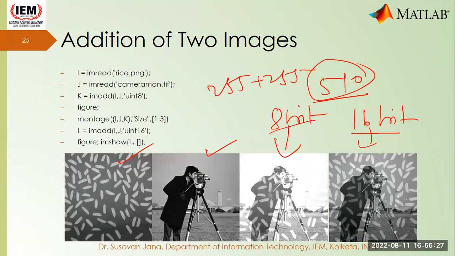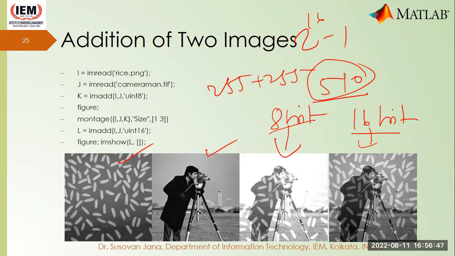No, it will not be different. It will be scaled accordingly. 510 will be assigned to 2 to the power 16 minus 1. In that way, it will be scaled.